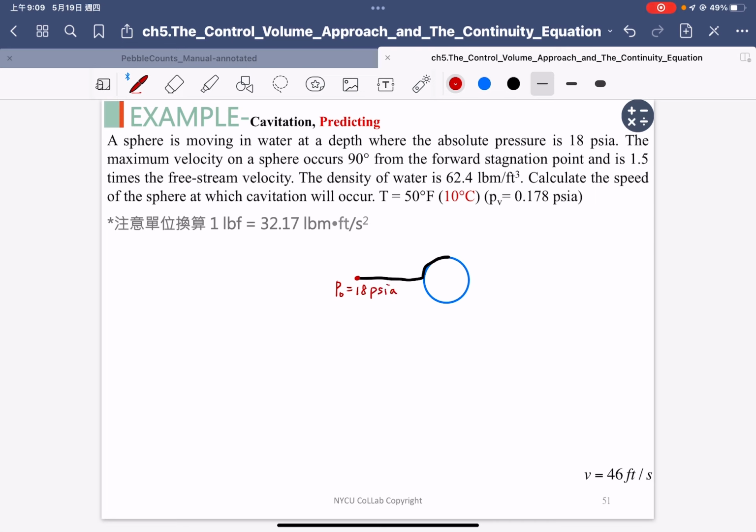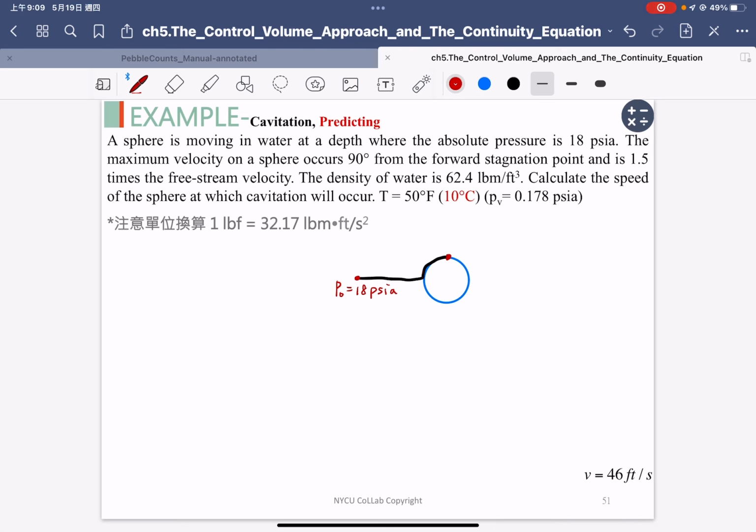And then the maximum velocity on the sphere occurs at 90 degrees from the forward stagnation point.